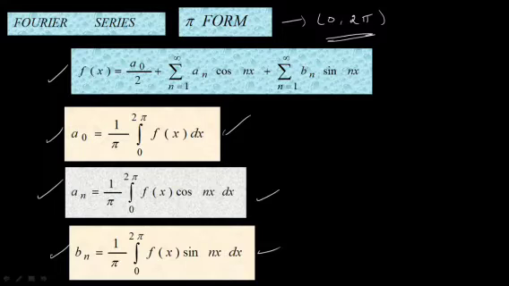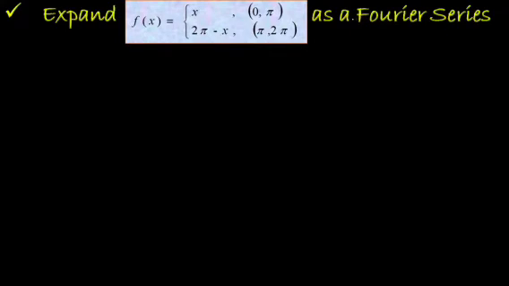Okay, now let me move on to the problem. So this is the given problem. Expand f of x equal to x in the interval 0 to pi, whereas 2 pi minus x is defined in the interval pi to 2 pi.